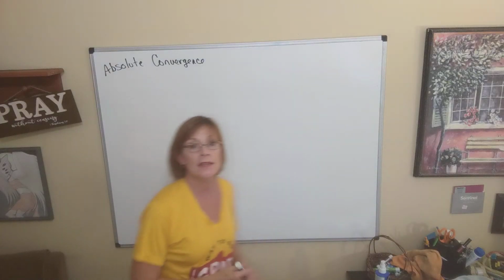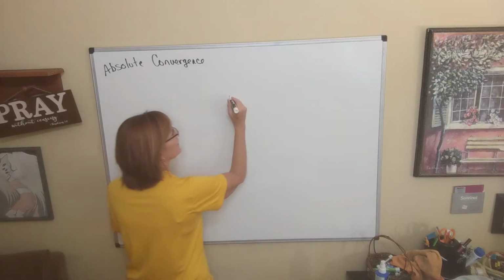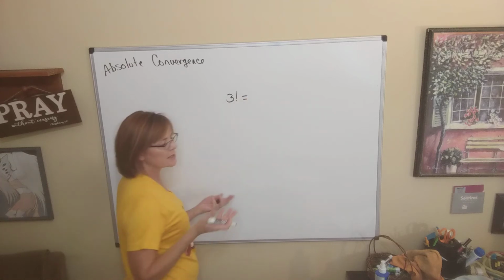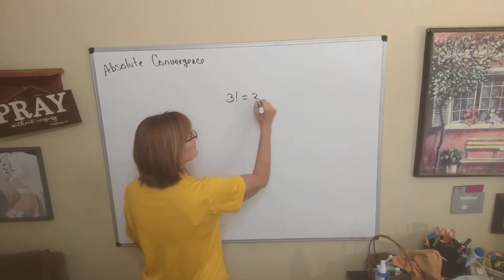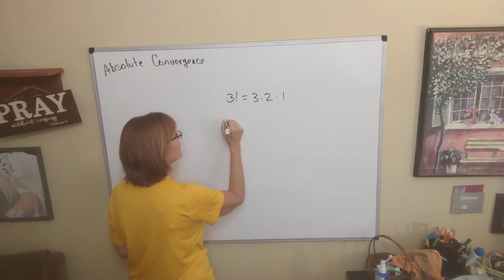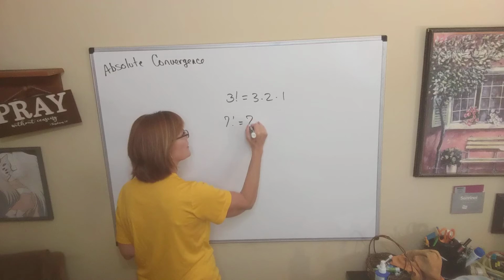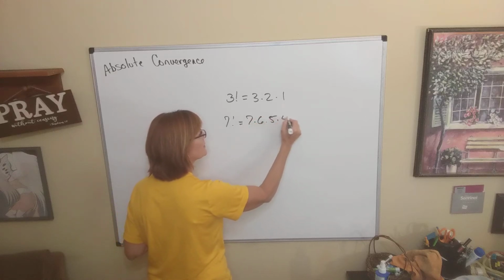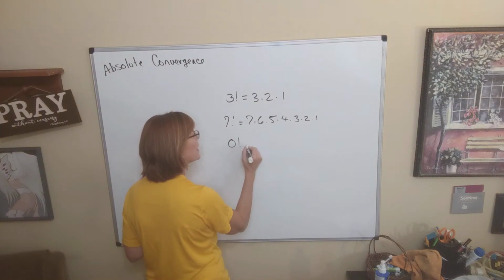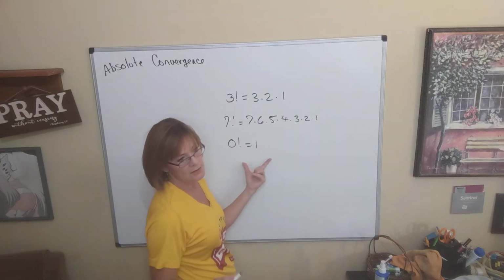But if you haven't seen it, this is what it is. If we have 3 factorial, that means 3 times 2 times 1. If you have 7 factorial, that means 7 times 6 times 5 times 4 times 3 times 2 times 1. 0 factorial by definition is equal to 1, just so you know.